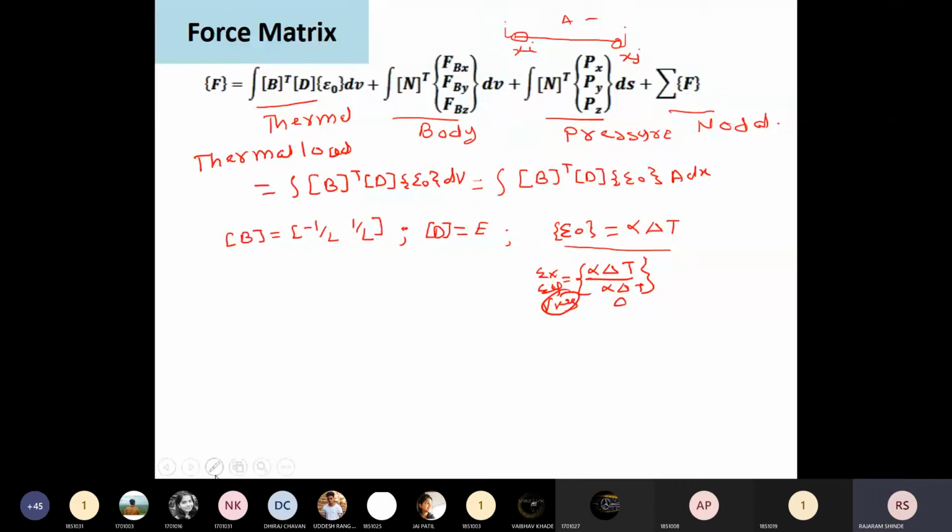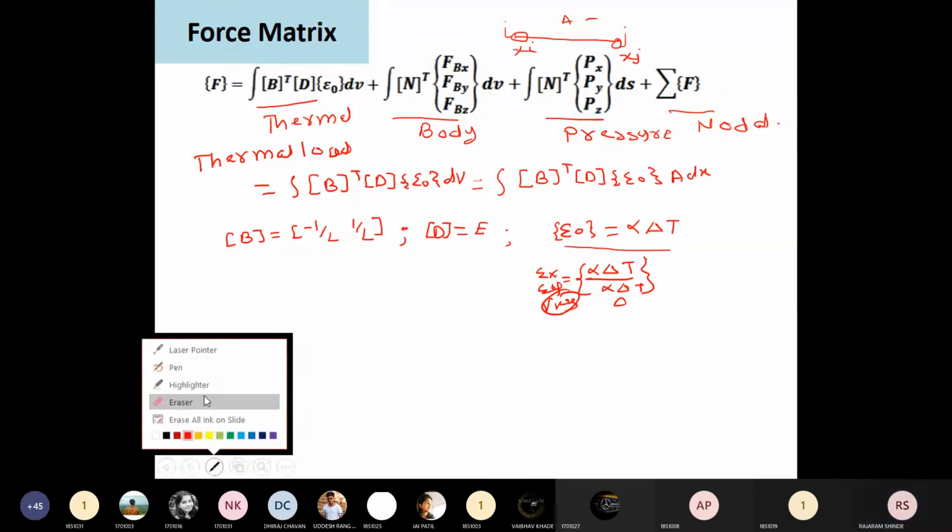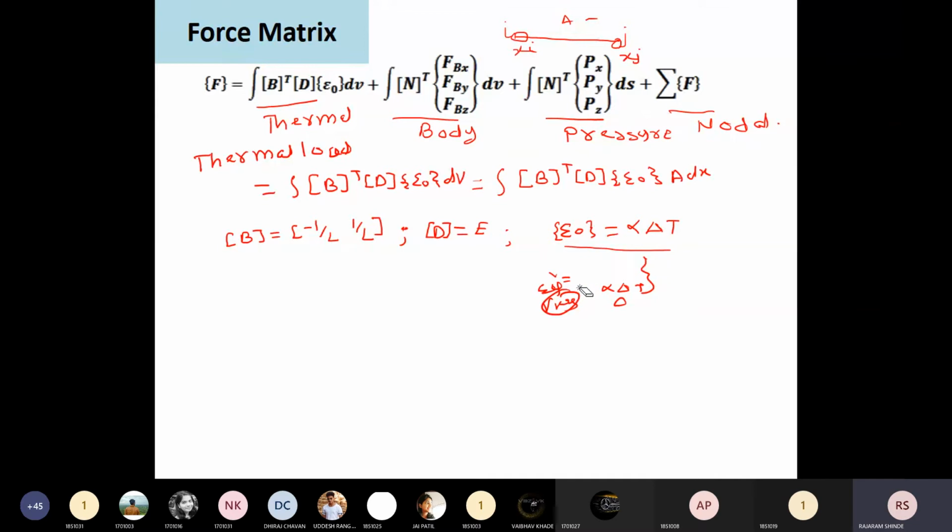So your epsilon 0 is alpha delta T. Now I will put all the things in this thermal load equation.